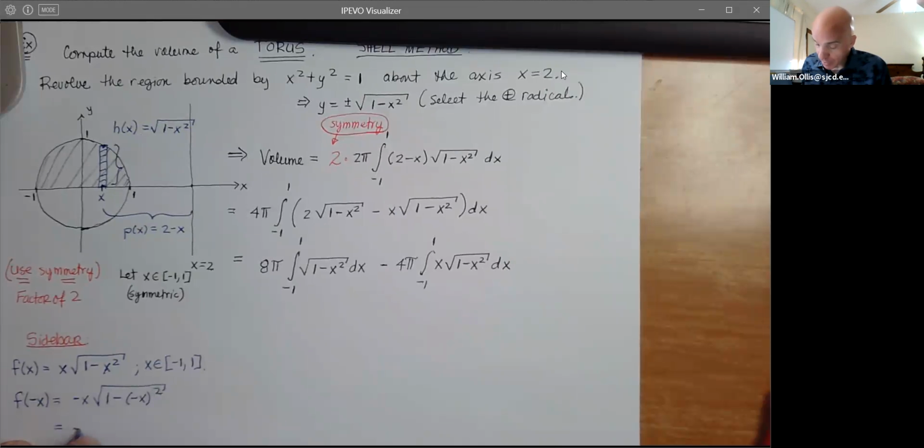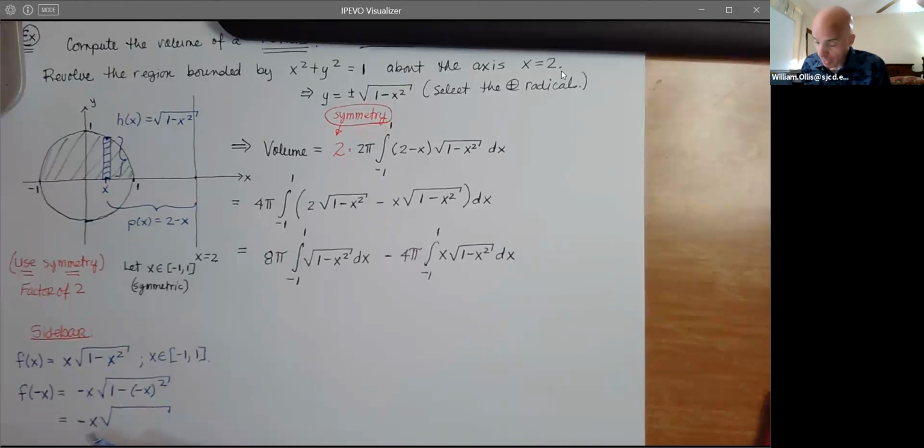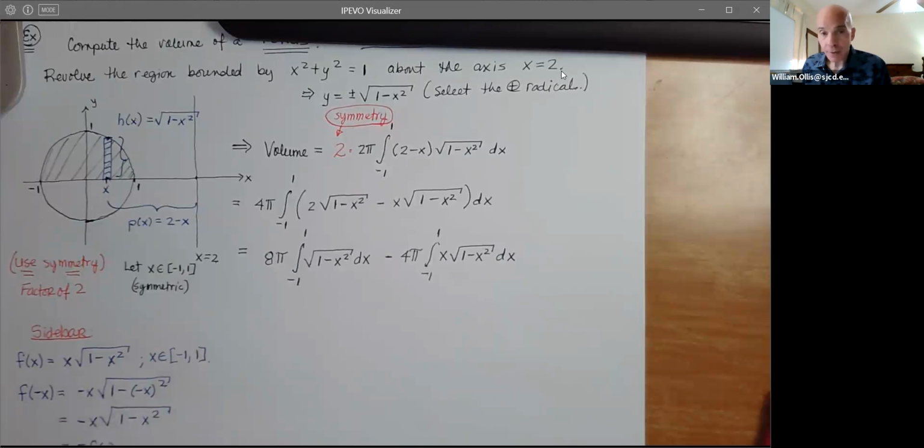So this gives us the additive inverse of x. And then of course, squaring the additive inverse gives us just the x squared. So we have 1 minus x squared. But by definition, this is just the negative of the original function. So we say f is odd.